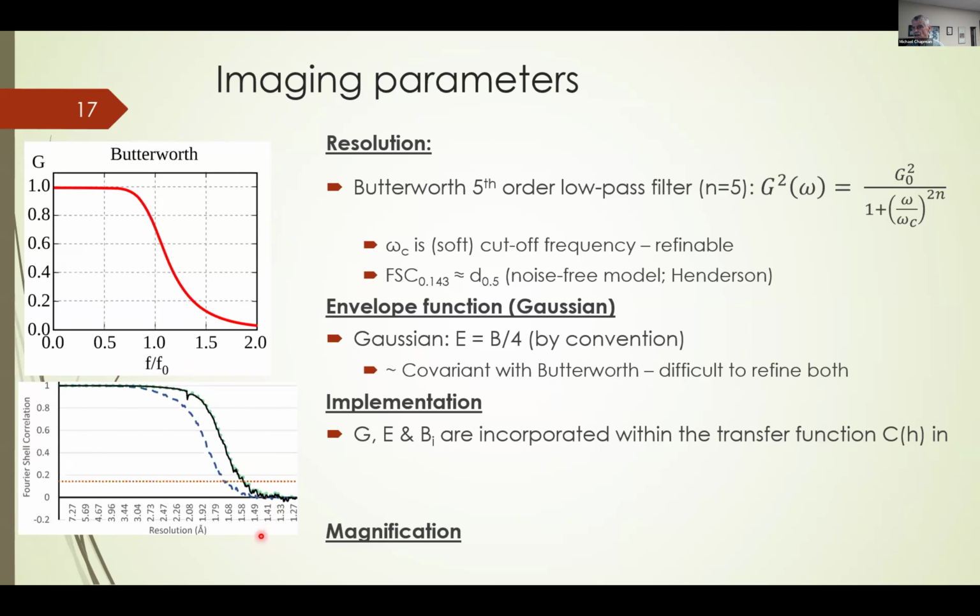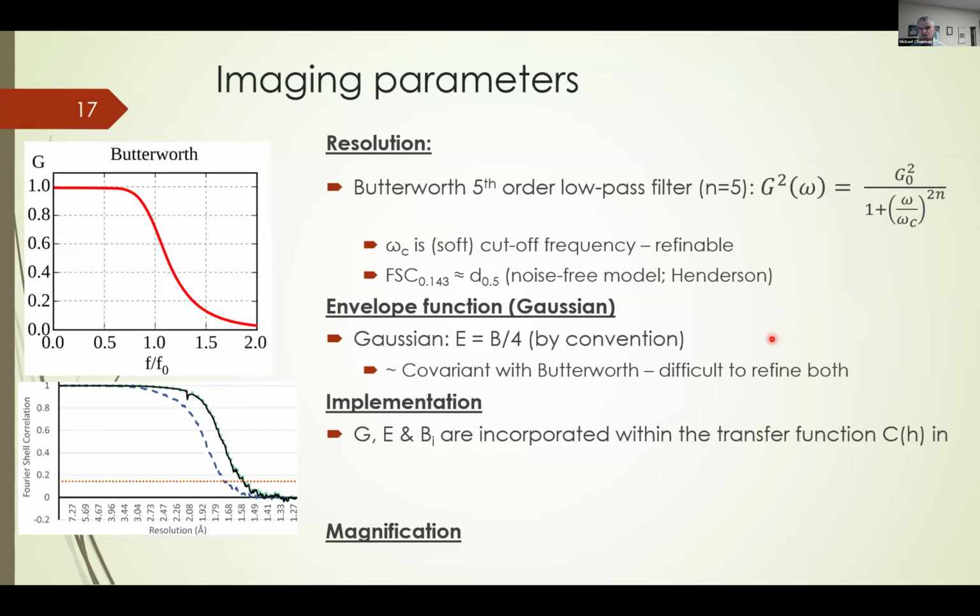And our method works with both original and sharpened maps. The functional form is over here. There's a cutoff frequency or resolution, and Henderson gave us the method by which we can reconstrue this as the FSC 0.143. We can calculate directly from the omega c what should correspond to the FSC 0.143.